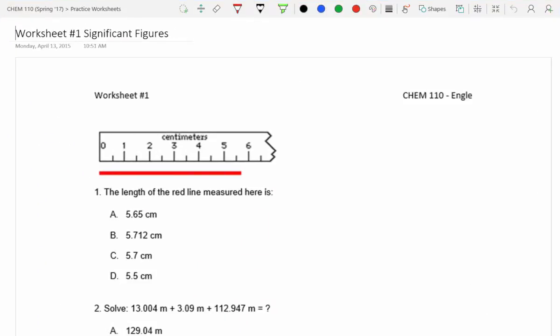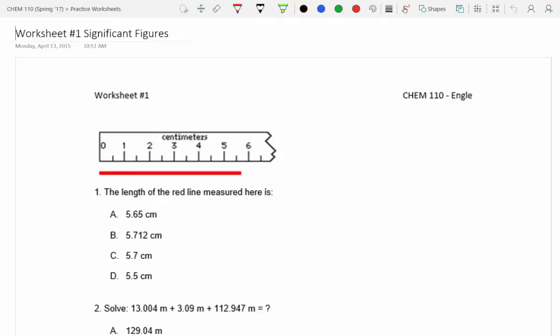So the length of the measured line here, we have to determine that. The hash marks represent what? Yeah, kind of half units, but we don't see a true tenths place hash mark. That means the only hash mark that we have every digit accounted for is actually the ones place.